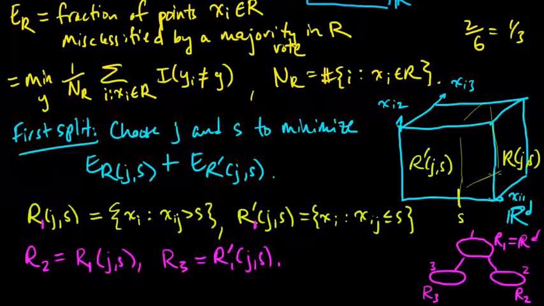So we're just dividing this up, and we're assigning one of these regions to this next node down, and the other region to this other node.